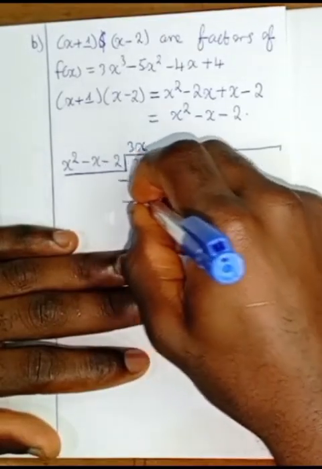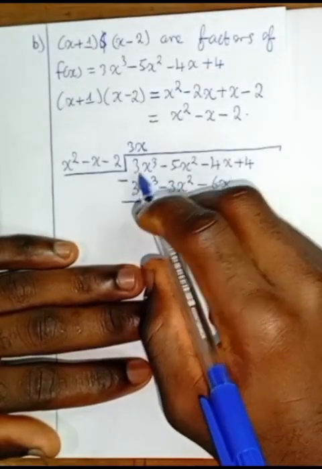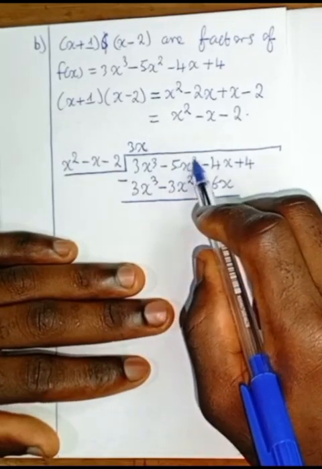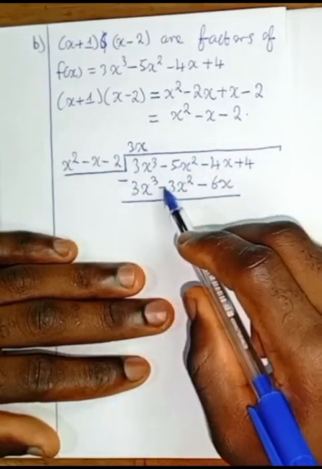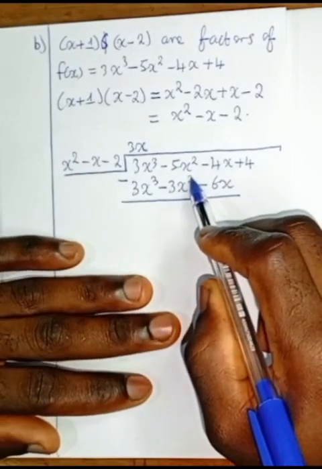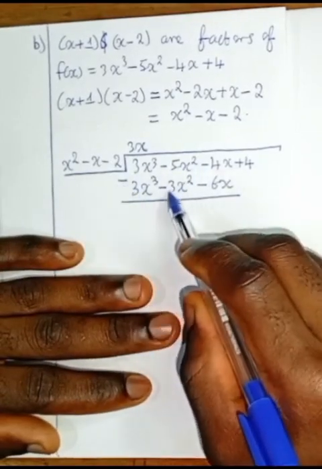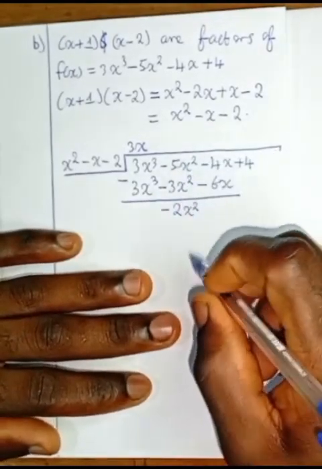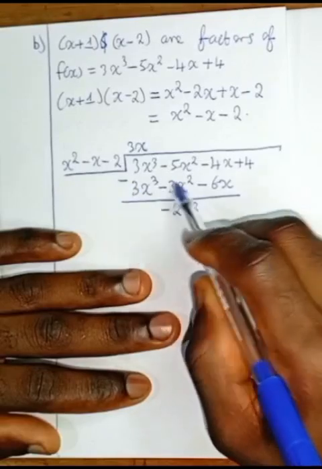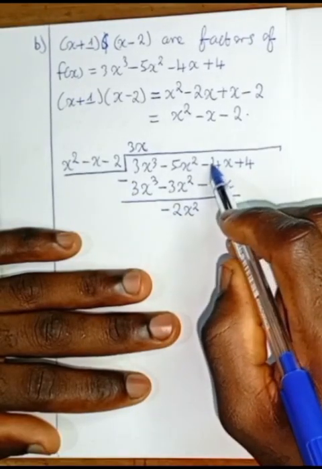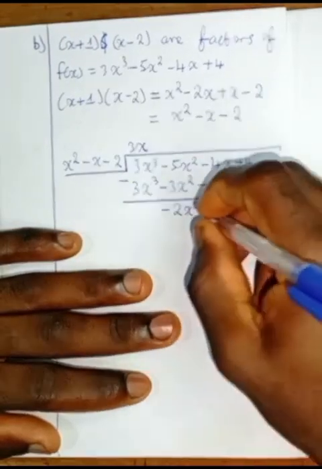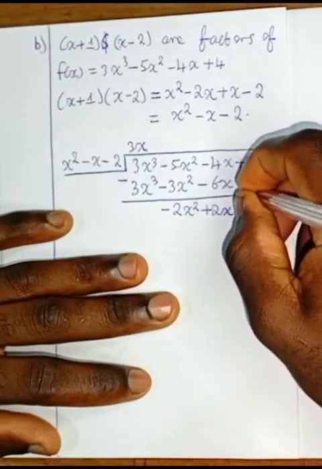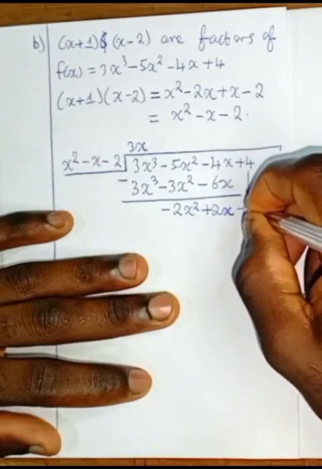We subtract. 3x cubed minus 3x cubed gives 0. Negative 5x squared minus negative 3x squared is the same as negative 5x squared plus 3x squared, which gives us negative 2x squared. The next, negative 4x minus negative 6x is the same as negative 4x plus 6x, which gives us plus 2x. And we bring down plus 4.